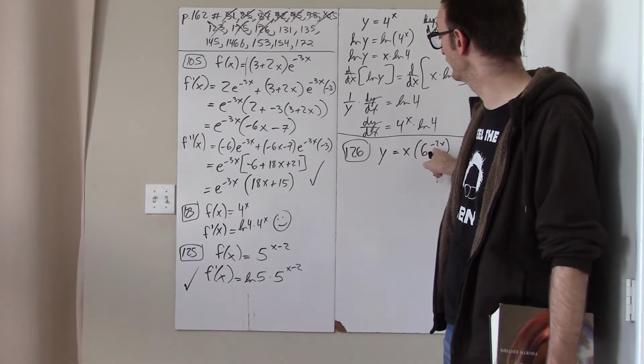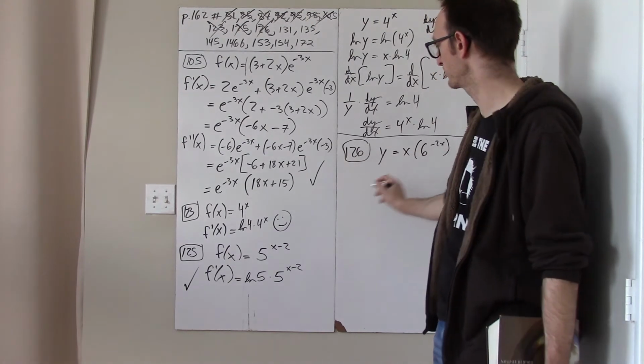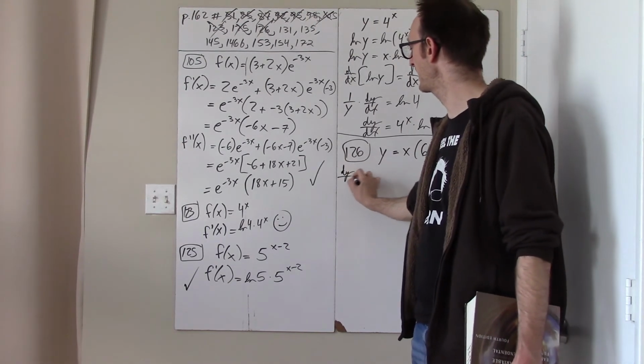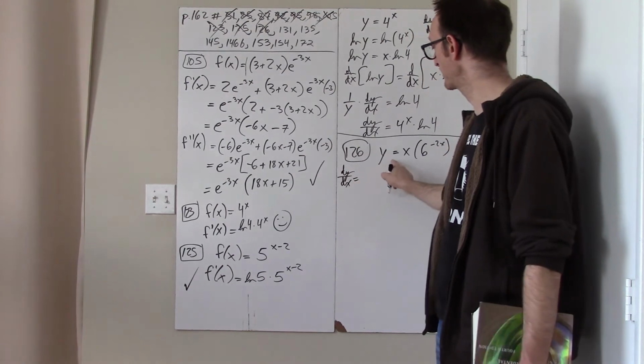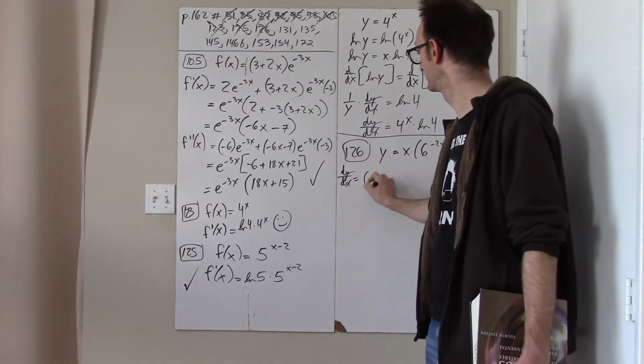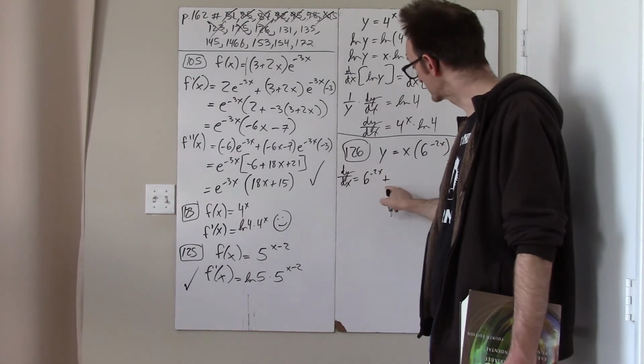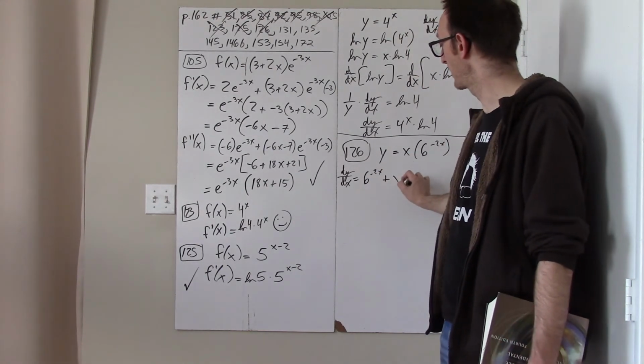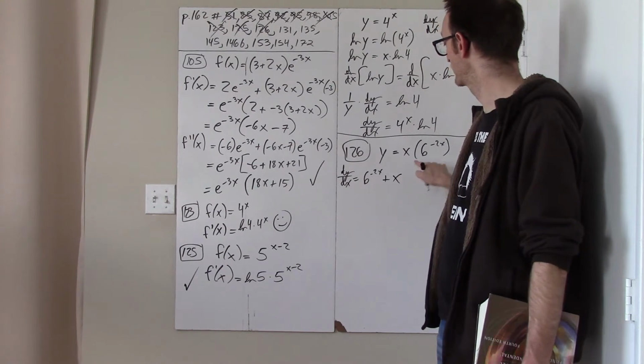And I have to do the chain rule inside of that, and there's also a product rule situation here. So being careful, the derivative of this must be the derivative of the first, which is 1, times the second, plus the first, so x, times the derivative of the second.